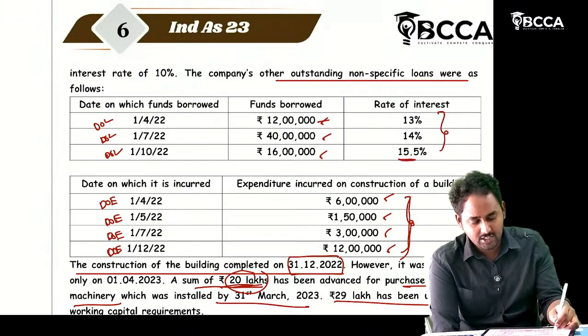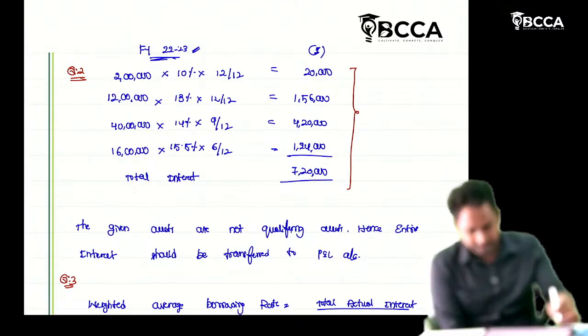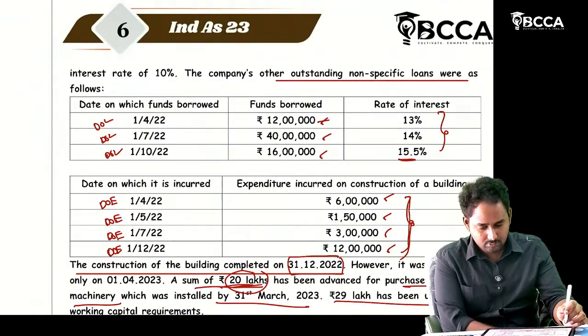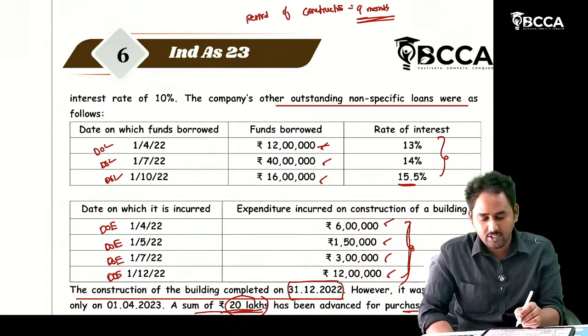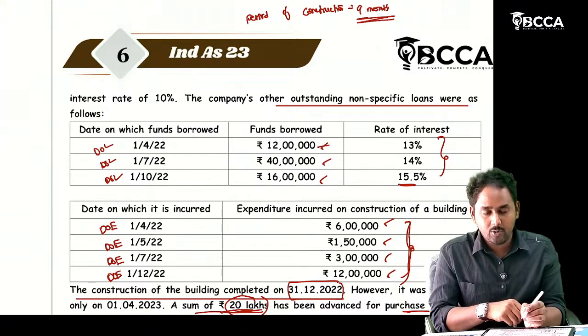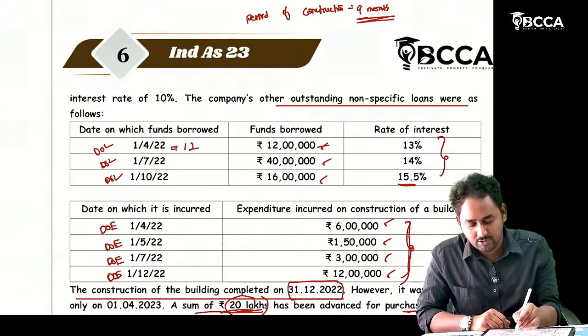For 16 lakh, it is 15.5%. What is the period of time the loan has been outstanding during the year? It has been outstanding for 12 months.